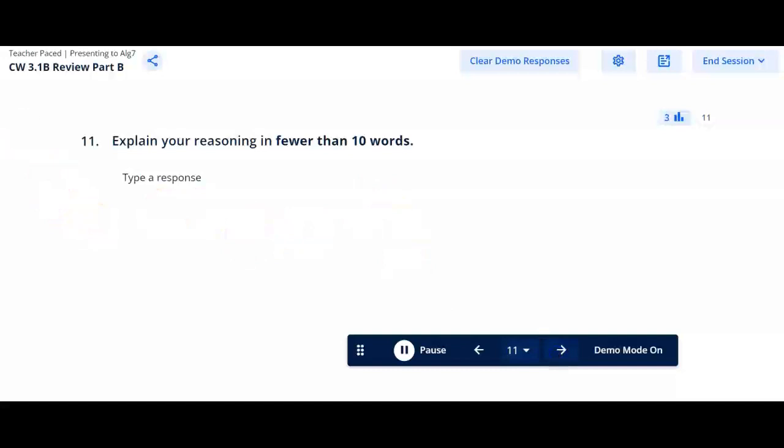Include the word single to explain our reasoning. Excellent. So everyone described in some way that it needs to be a single straight line, and this was not a single straight line.